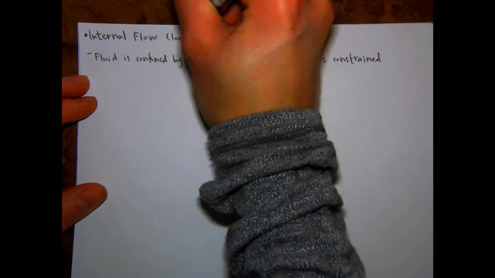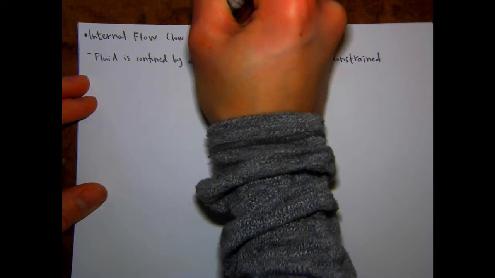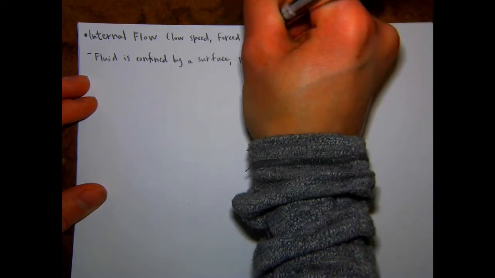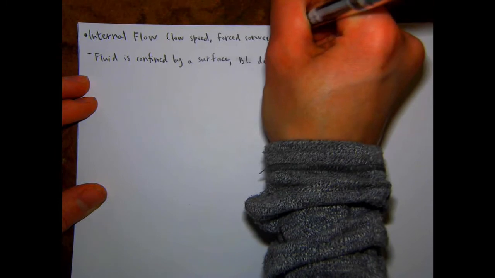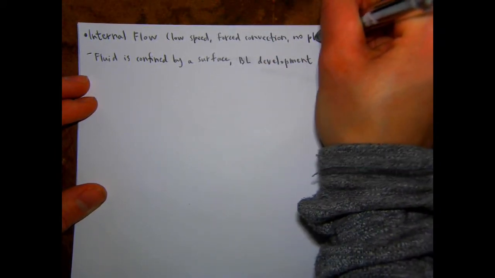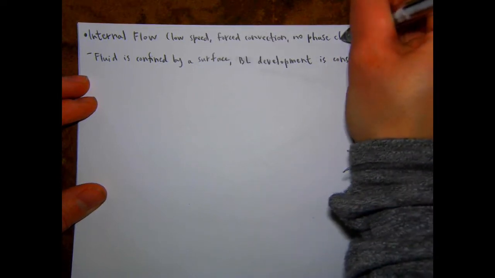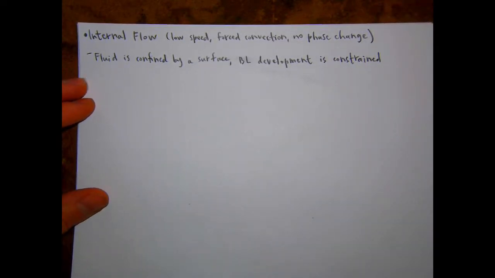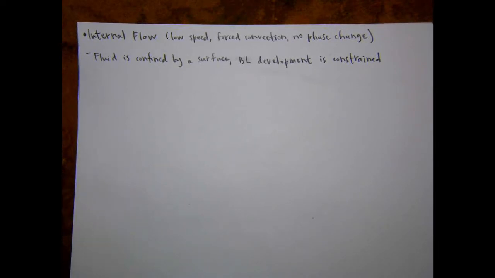And just like with external flow, I want to mention that we're just considering low speed, forced convection with no phase change. So again, the same kind of situations that we developed our boundary layer equations for.